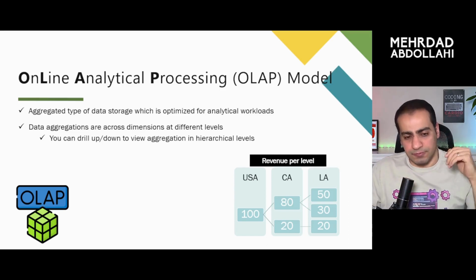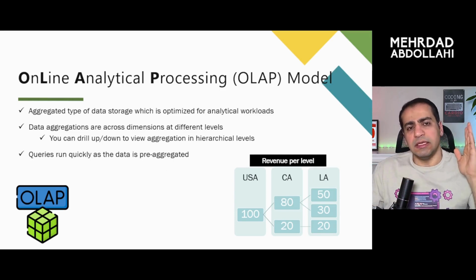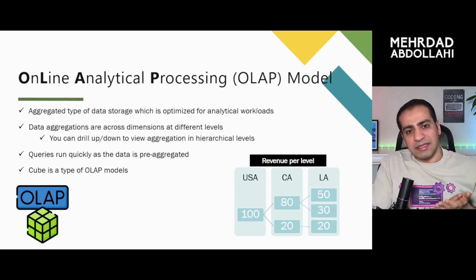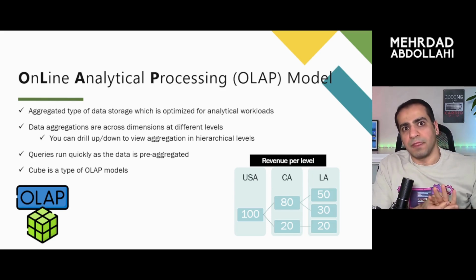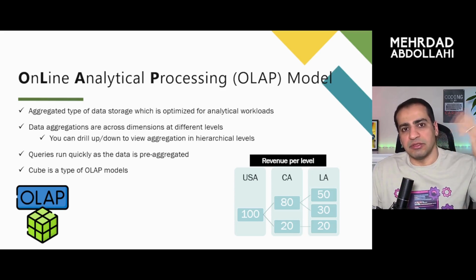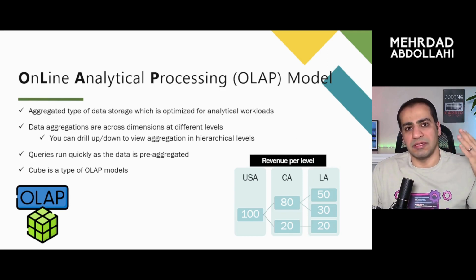Since the data is pre-aggregated, the queries are going to be faster and executed quickly. An example of OLAP systems is a cube, which are multidimensional models utilized for data analytics.